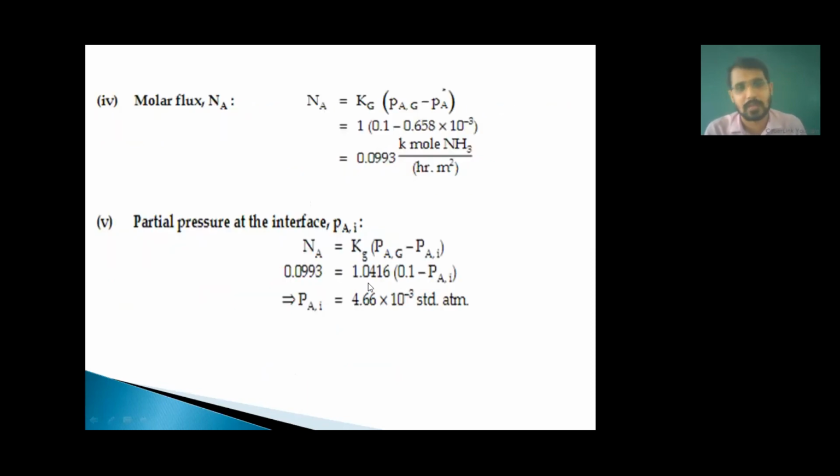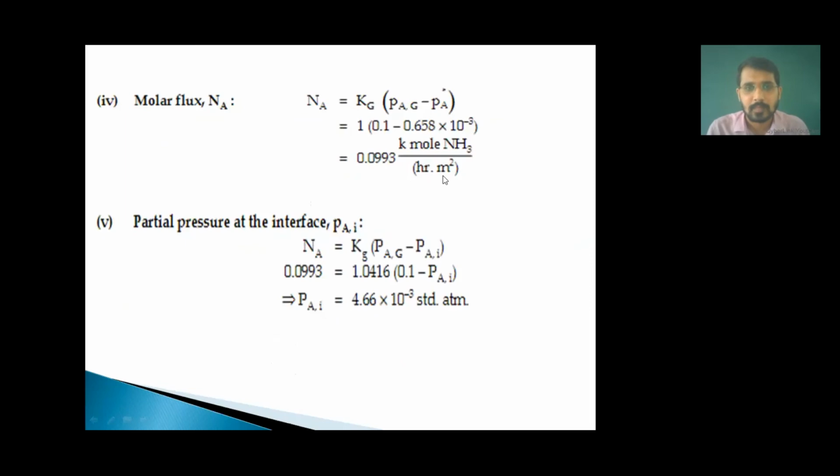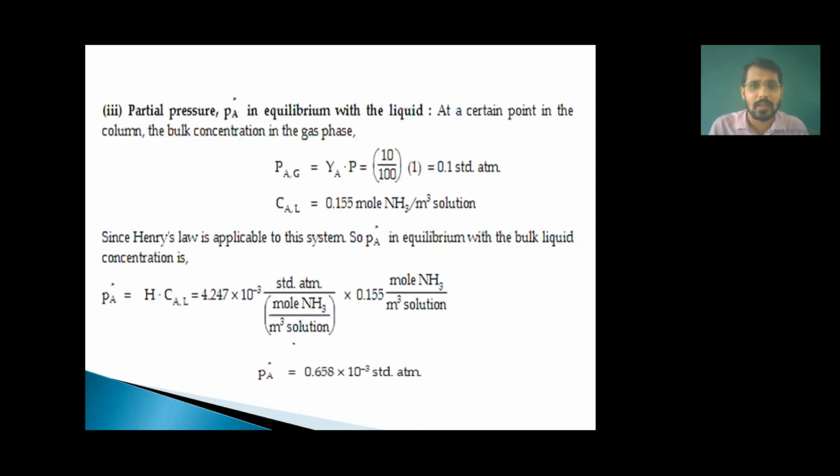Next one, molar flux. We know that molar flux is equal to kg into PAg minus PA. Here kg is equal to 1, given in the question. PAg is equal to 0.1, which we calculated as YA into P, that is 0.1 standard atm. PA is equal to 0.658 into 10 raised to minus 3.